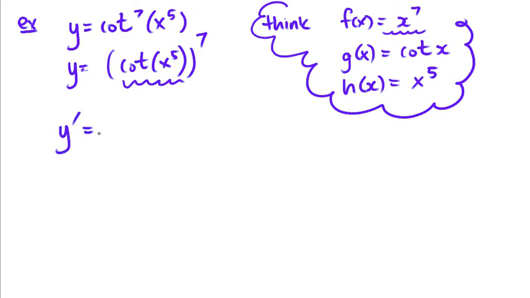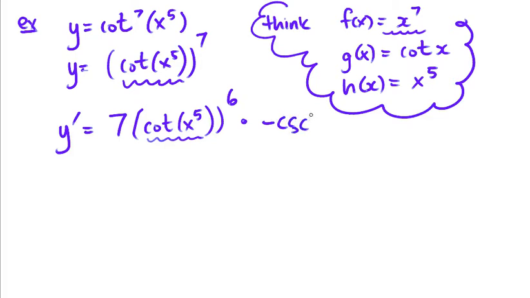The first thing I take the derivative of is my f of x, so I get 7, but x isn't x, it's cotan x to the 5, all to the power of 6. Then the chain rule kicks in, and I need to take the derivative of the inside part and multiply it. The derivative of a cotan is negative cosecant squared x, but in this case it's x to the power of 5, and I still need to take the derivative of the plugged-in part for that, which is 5x to the power of 4.